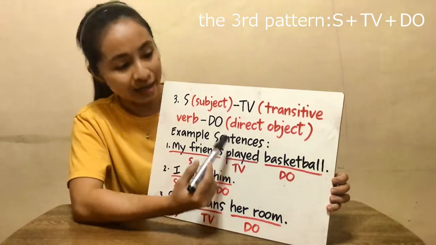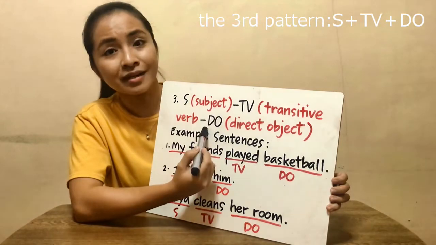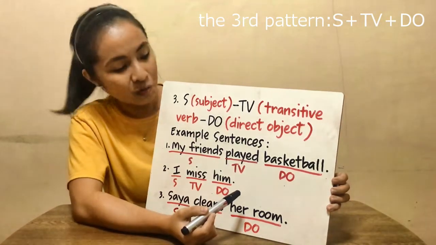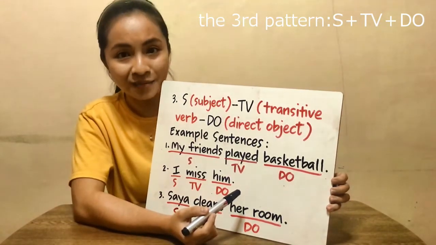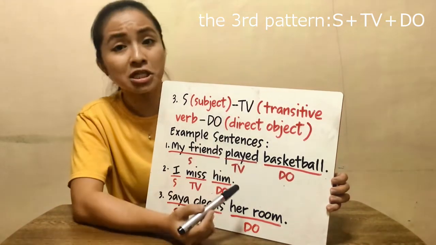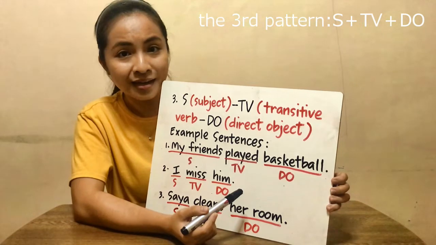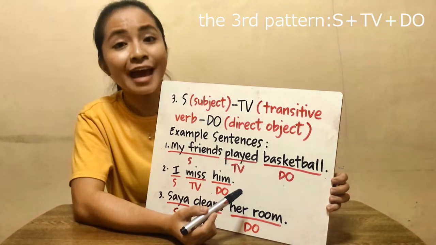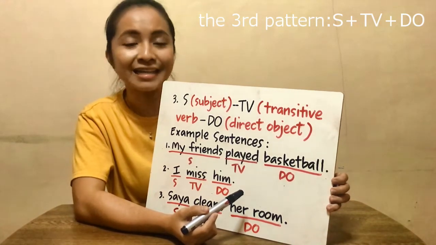So that's why we need a direct object. So what is a direct object? Direct object is actually someone or something that receives the action of the verb in a sentence.